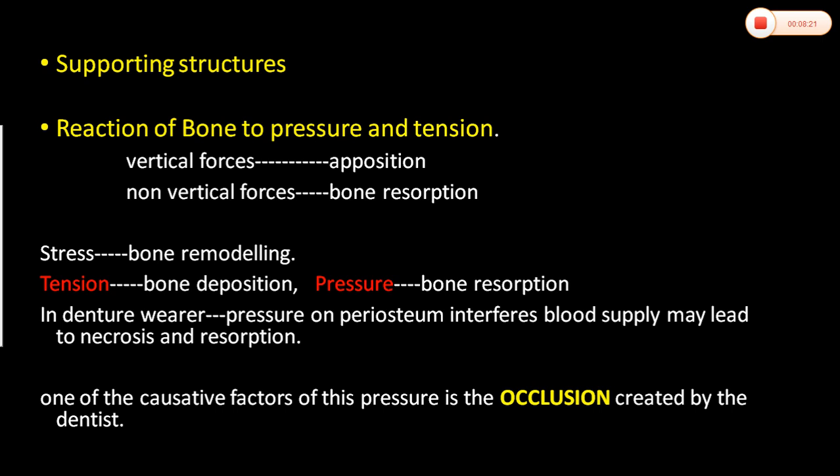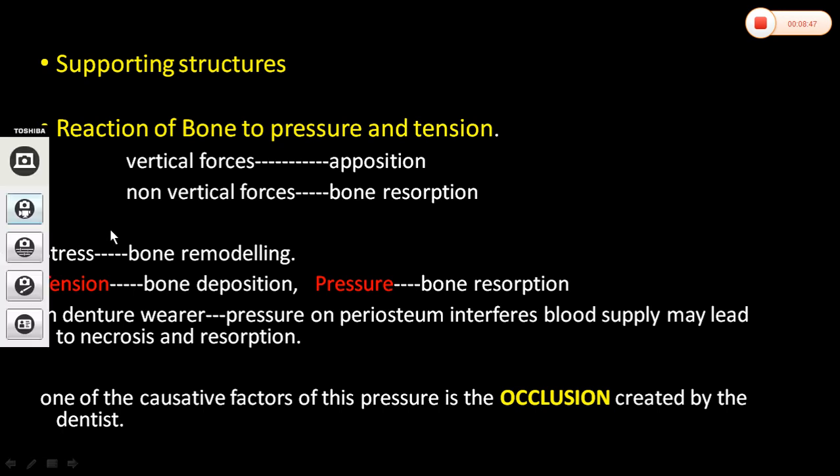Bone remodeling takes place until complete growth happens. At a later age, at old age, only resorption, more resorption, takes place compared to deposition. That's why the bones become fragile or osteoporotic in an old patient, because of more activity of osteoclasts.